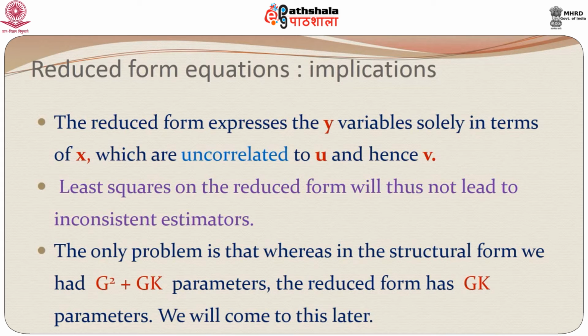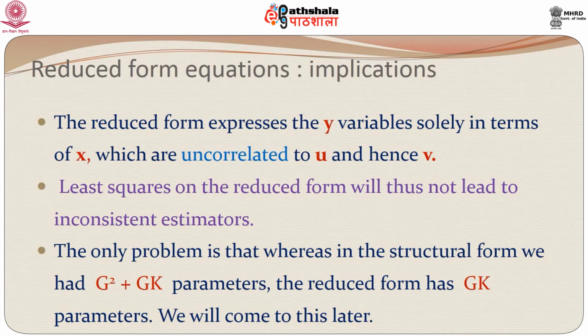Remember, x is uncorrelated to u, and hence x must be uncorrelated to v. So, we can use least squares on the reduced form and this will not lead to inconsistent estimators because x is now uncorrelated to the error.